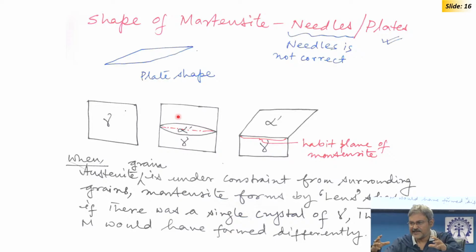That is why it cannot bend freely. Here it is distorting freely because it is happening in air, which is not applying any resistance. So, it can shear on its own and change its shape; it is called shape deformation. There is no constraint, but here the surrounding austenite is applying its constraint. So, when a small part is transformed inside austenite, it forms a thin plate, and I will come more into it.